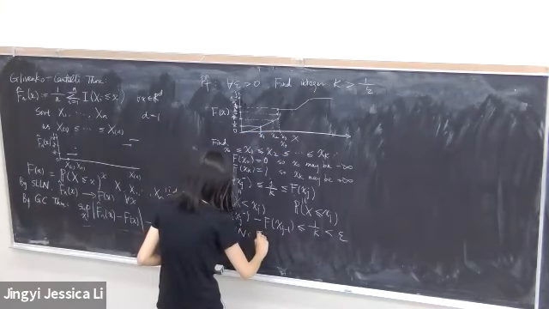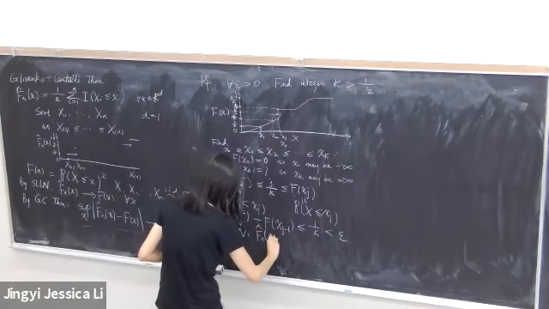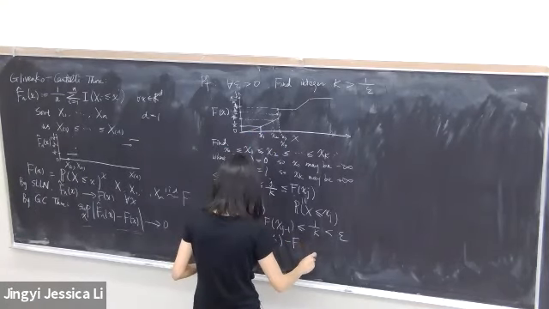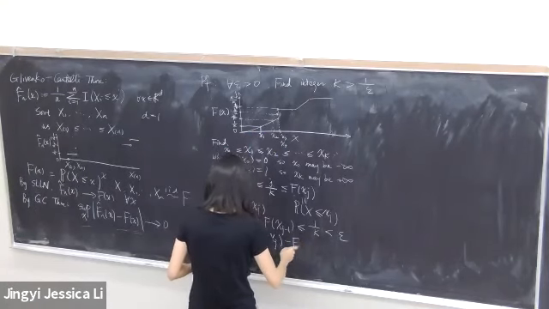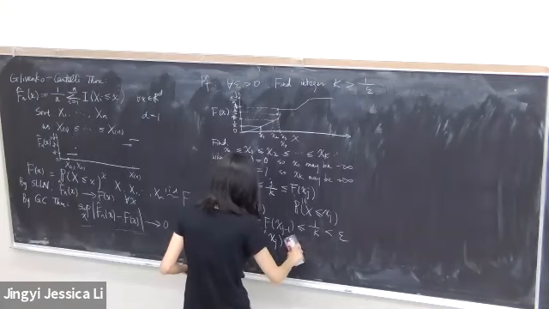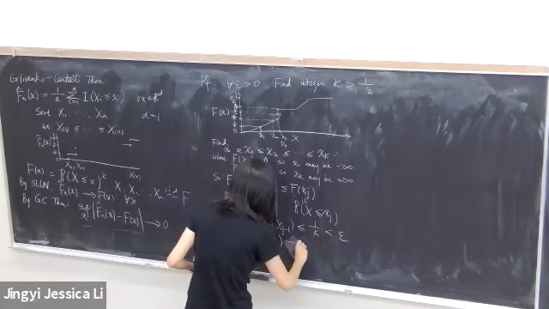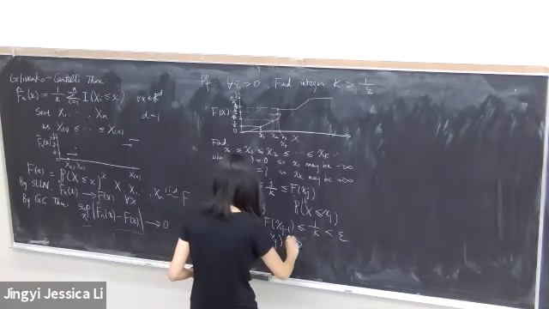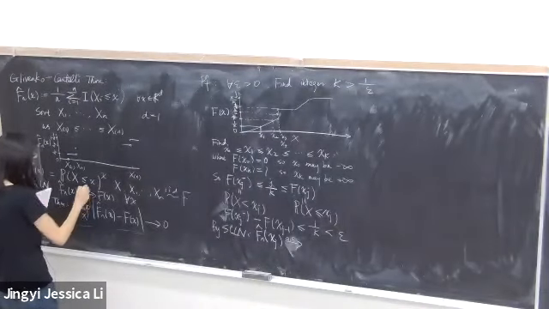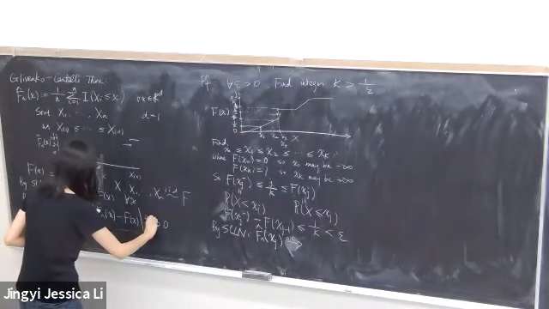That is, F n hat(xj) minus F(xj) converges almost surely. I'm sorry, I missed the almost surely here, and also I should have almost surely there.